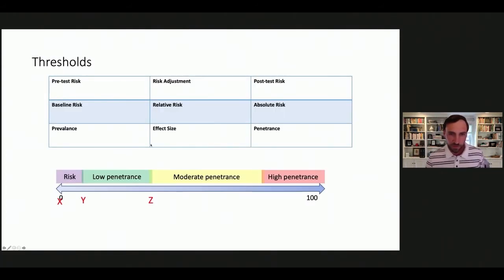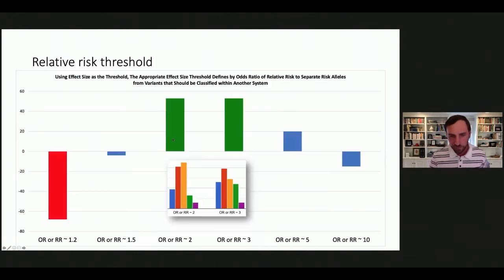This is about when something should even be considered a risk allele worth reporting on its own, so it gets more into effect size and relative risk. When we asked this, there was actually pretty good consensus for returning variants at an odds ratio of around 2 or 3.